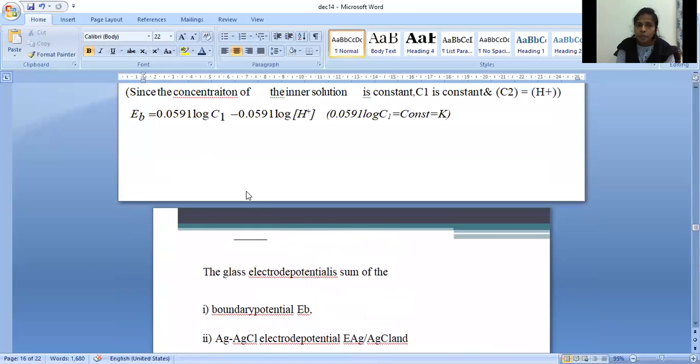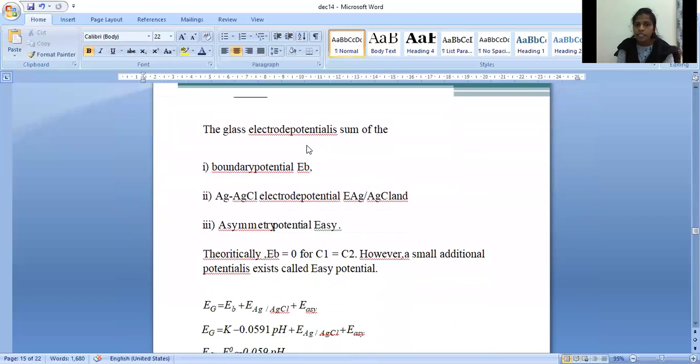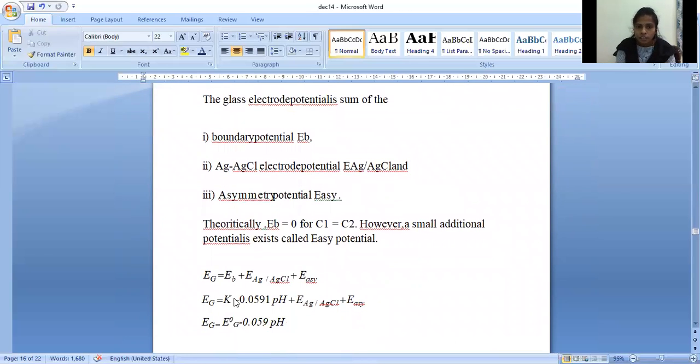E_B is nothing but K minus 0.0591 log [H+], K minus plus AgCl plus E_S. So here K, AgCl and E asymmetric, these three are constant.